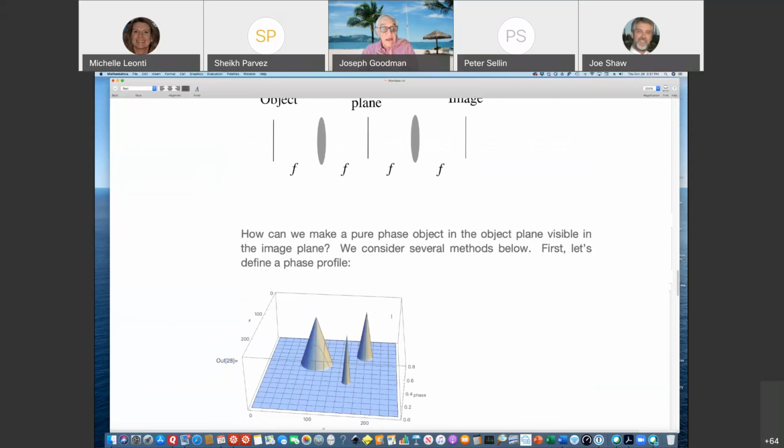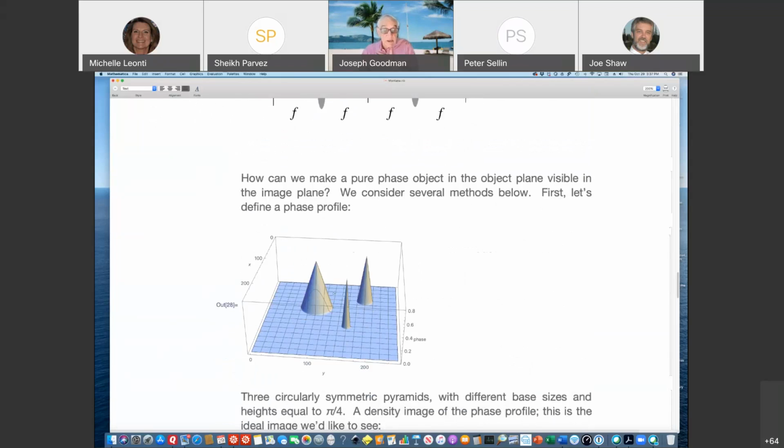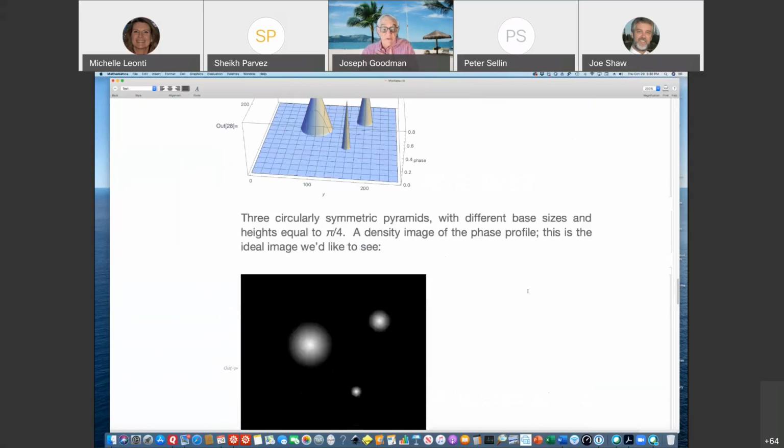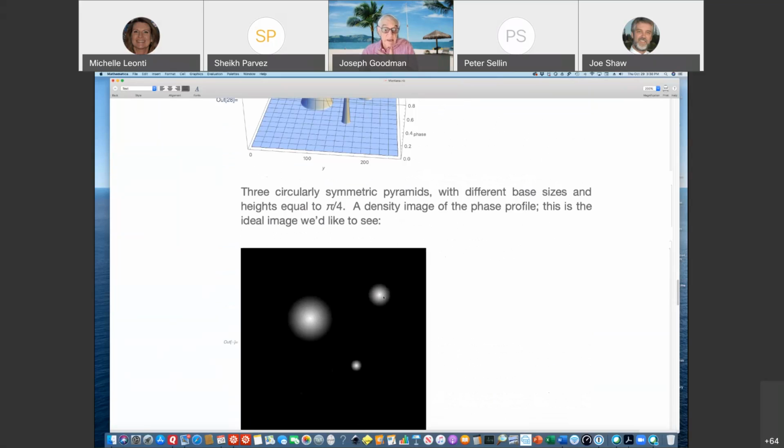First, I've got to define a phase profile. Here I've defined a phase profile consisting of several circularly symmetric pyramids with different base sizes and heights equal to pi/4 phase shift. If I make a density image of this phase profile, I get something that looks like this.